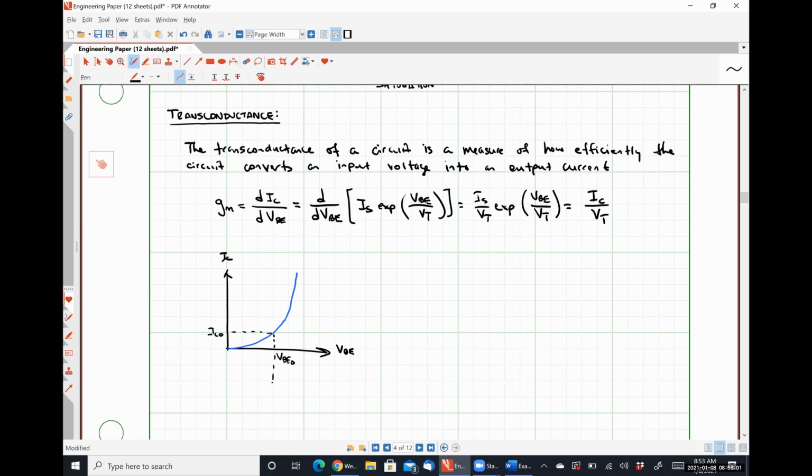If we allow a small change in voltage, we should observe a change in current, which is equal to GM times delta VBE.